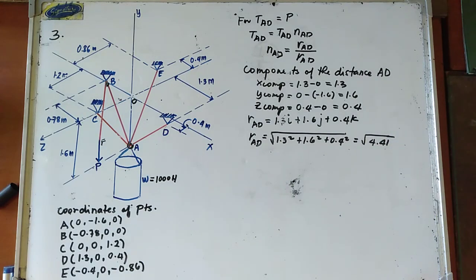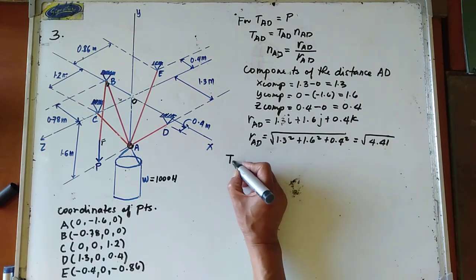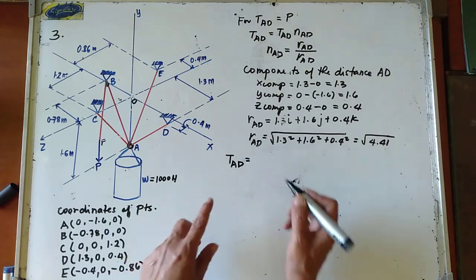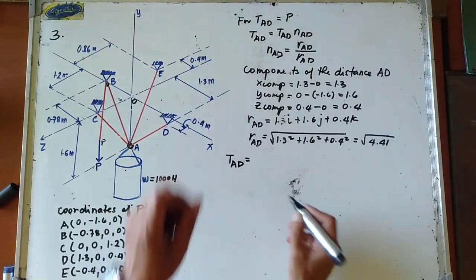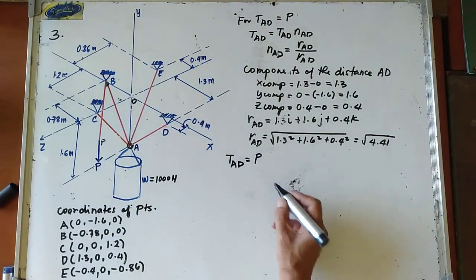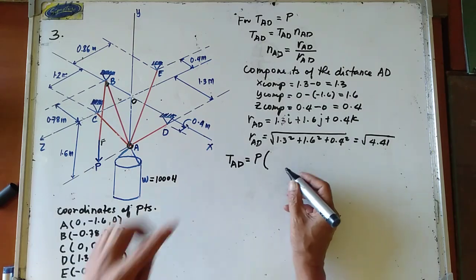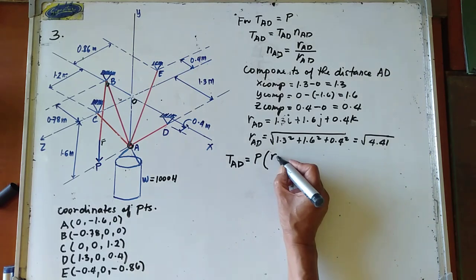4.41. Now, so that in Cartesian vector form, your TAD is equal to its magnitude, which is P, the magnitude of P, multiplied by the unit vector AD.